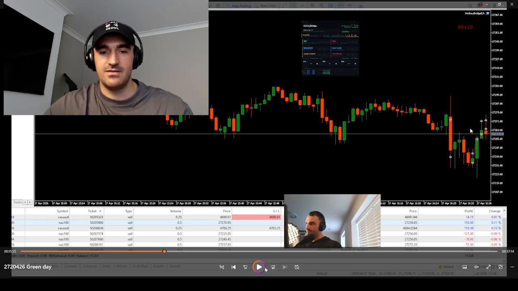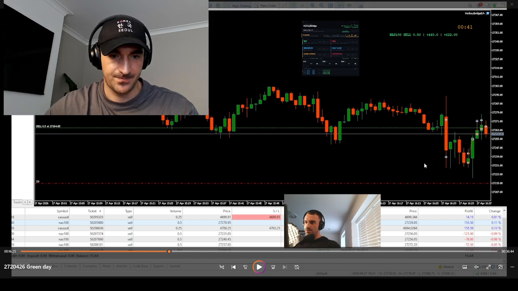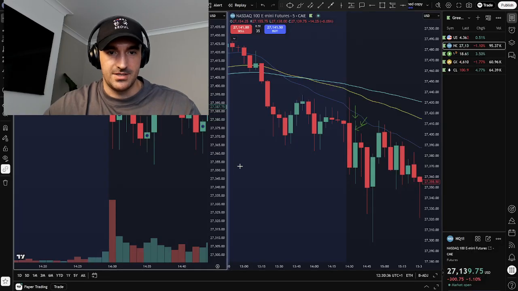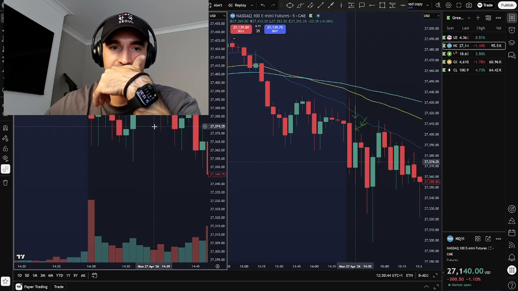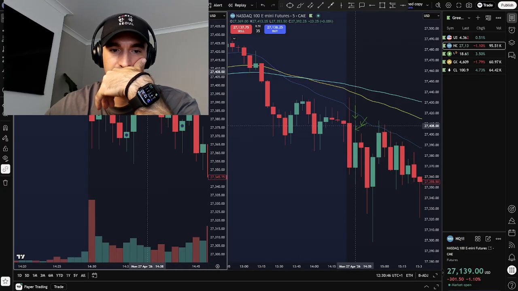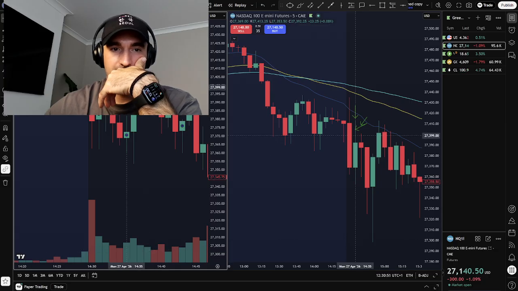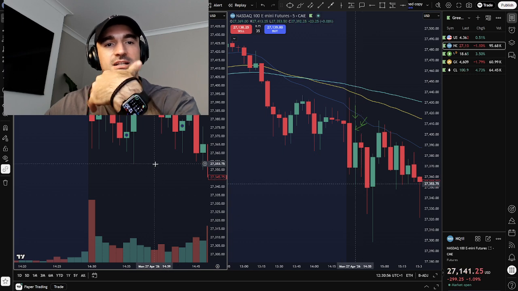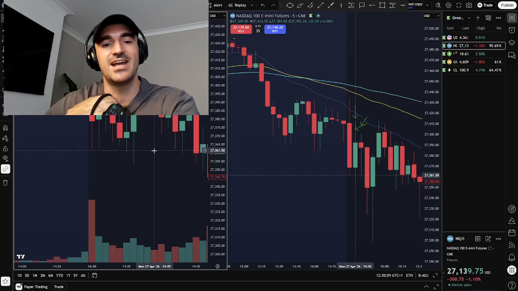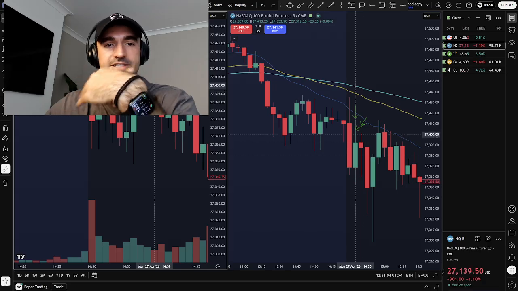So at this level, I'm gonna get in a short for two reasons. Let me explain. This 1 minute candle had a small volume and also closed inside of the previous 1 minute candle. This tells me that the next minute is gonna go for the previous minute candle, or at least will go further down.